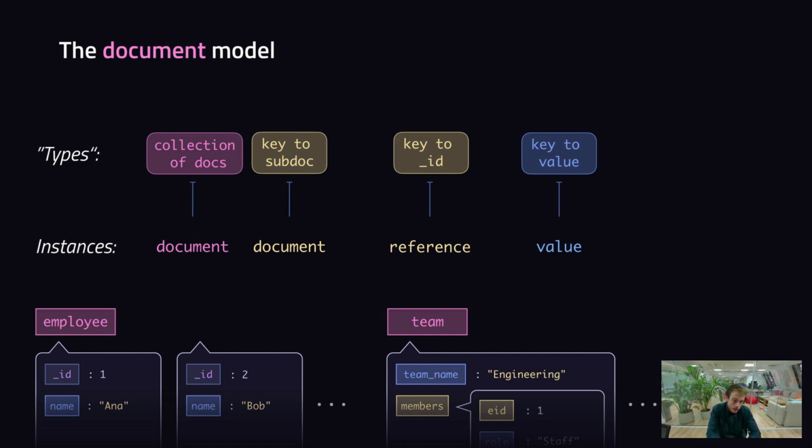Just as in the relational model, we're going to abstract that a little bit and then think of these instances of these keys to foreign object IDs as references, as reference objects. And finally, it could also be a simple key that just holds a value. So for instance, it could just be a name key that holds some string value. And that's the third case of instances that a key can hold.